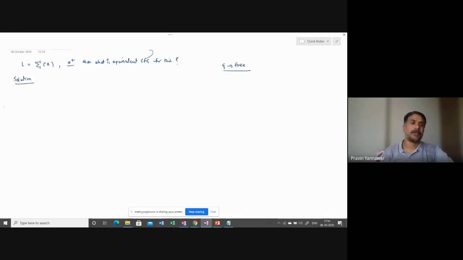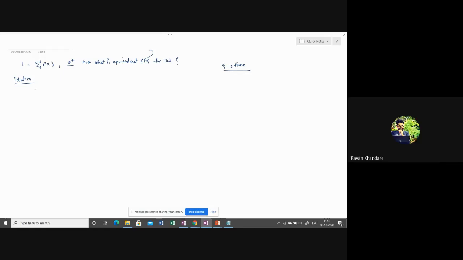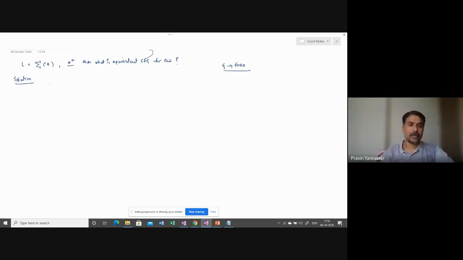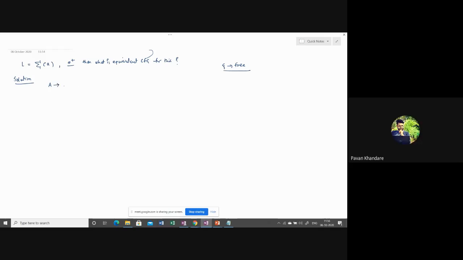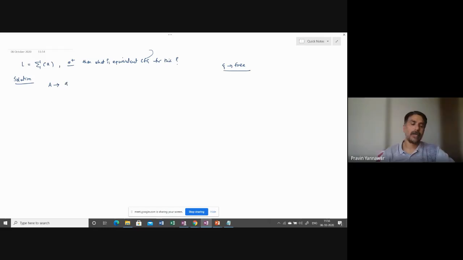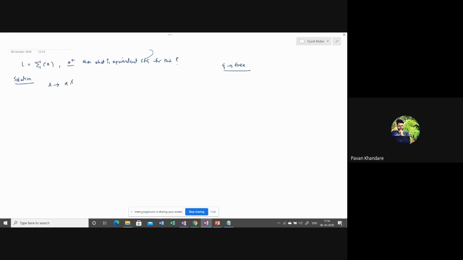Yes sir. Now, what should be the equivalent representation for this? Should I say A implies small a, and small a capital A only.